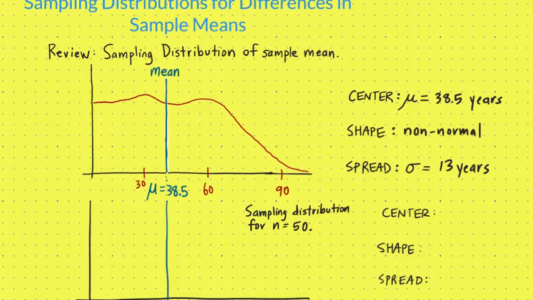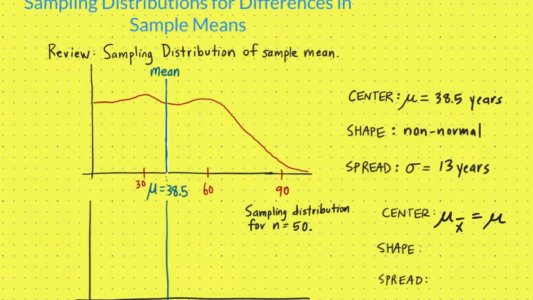So the first main idea is its center. Its mean, which we would call mu sub x bar, that's the mean of all the little individual sample means, is equal to mu. So we have three individual means going on in this one formula. The first mu is the center of this next graph I'm getting ready to draw.